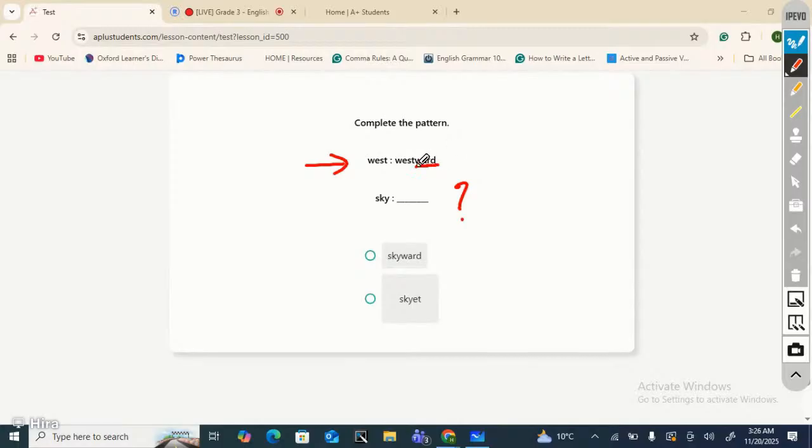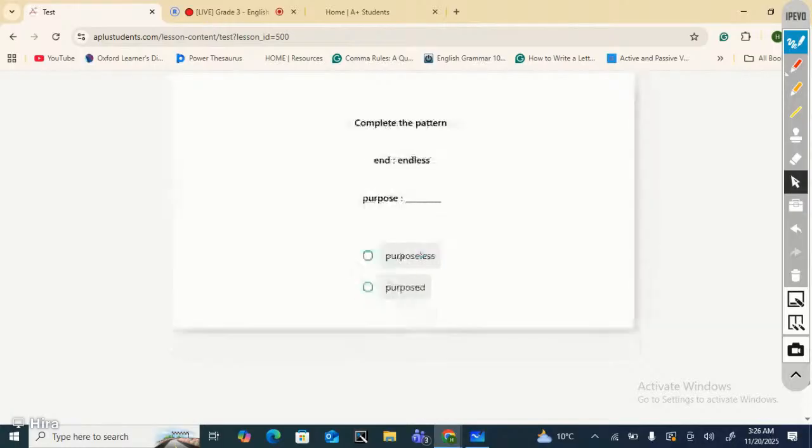The second word, westward, ends in the suffix ward. So the word skyward ends in the same suffix. So this is the option. It completes the pattern. Yes, similar. Thank you for your answer. It's option one. It's correct.